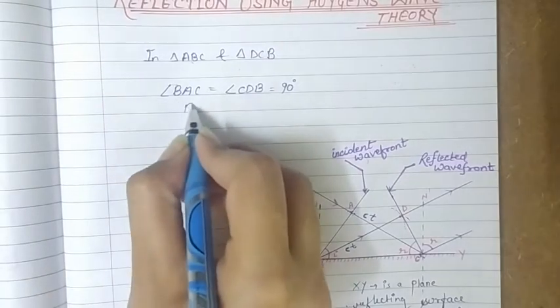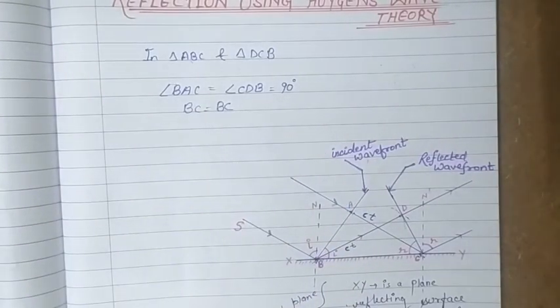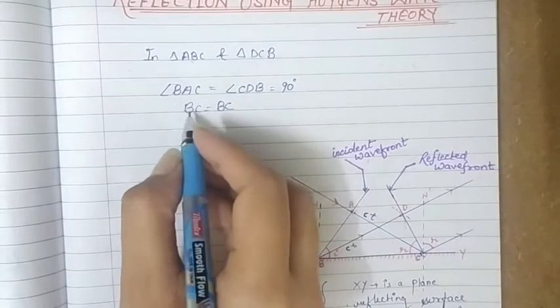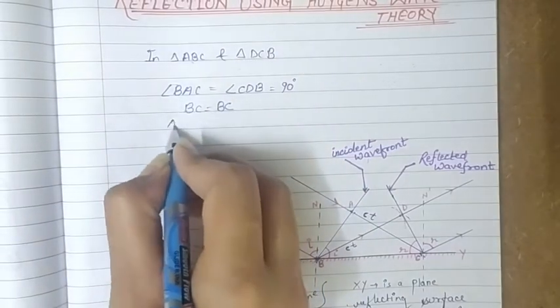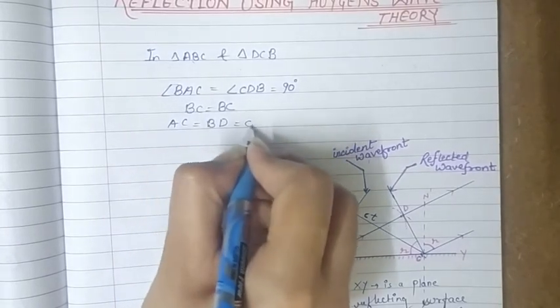Now BC is equal to BC, which is a common side in both triangles, and AC is also equal to BD, whose value is ct.